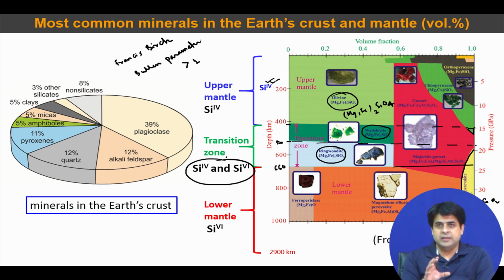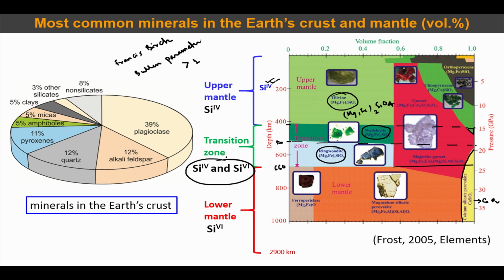Silicon in the transition zone will have 4-fold coordination and 6-fold coordination, but olivine and its polymorphs will always form in 4-fold coordination. The 6-fold coordination will be present in your majorite garnet. So, in majorite garnet, silicon will have 4-fold coordination as well as 6-fold coordination.